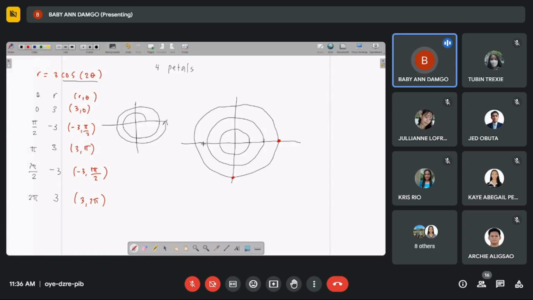So 3 pi is here. And then we have negative 3 pi over 2. First we check 3 pi over 2, it should be there. But since the radius is negative, we have this. Last, we have 3, 2 pi. So it is the same here. So we form the petals.